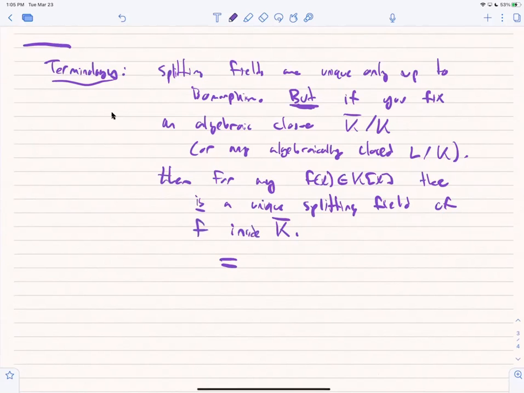When I say in K bar, I mean it's a subfield of K bar. It's just given by K adjoined alpha 1 through alpha n, where the alpha i inside K bar are the roots of f.